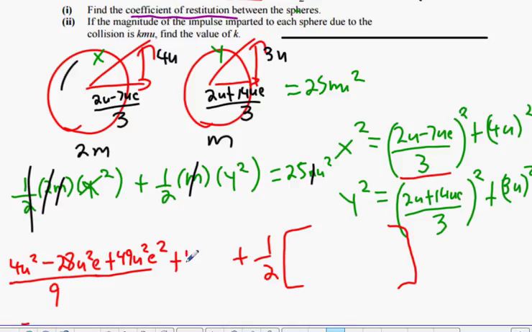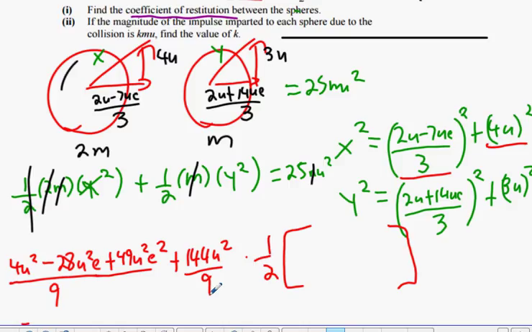So, everybody realise I forgot the 16u squared, yeah? This guy here, I'm going to make my life easy, and what I'm going to do, put it over 9, 144u squared over 9, just fixing my denominators as I go.